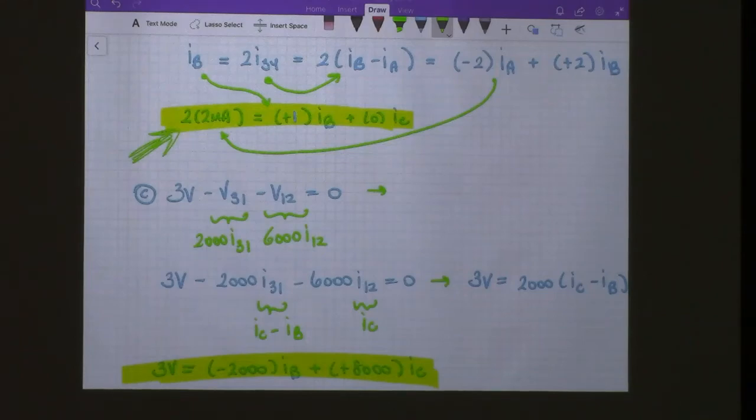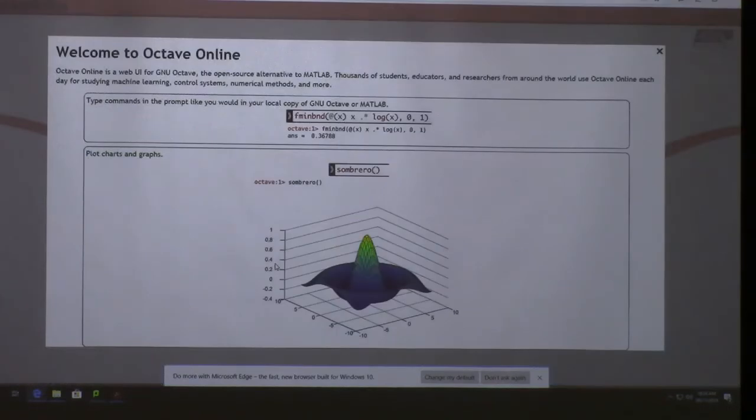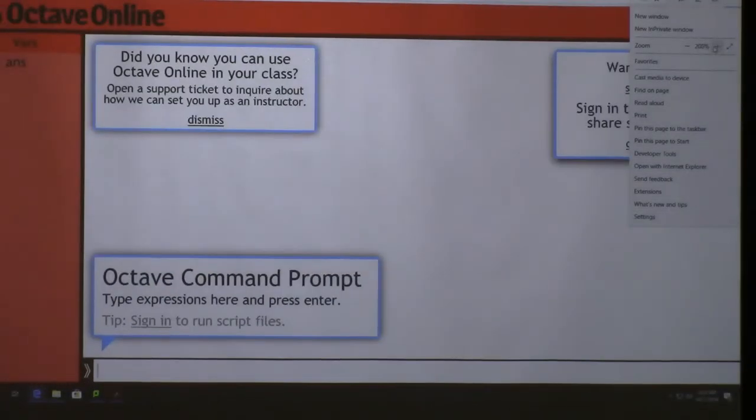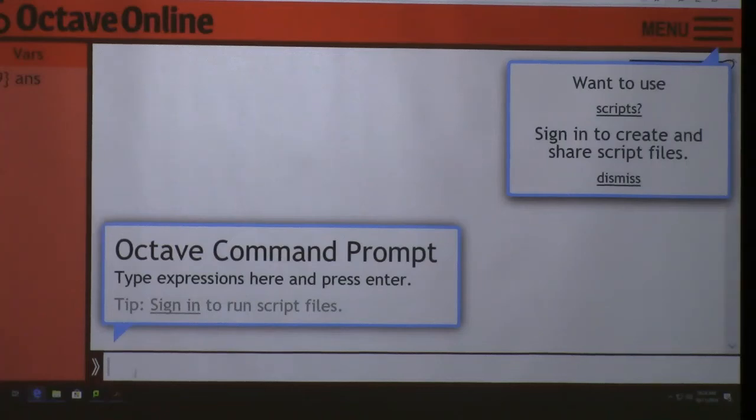All right, so let's show that this works. I'm going to bring up, hopefully, this online MATLAB thing works this time. All right, so let's try this. What we have is an impedance matrix, which will look like this.